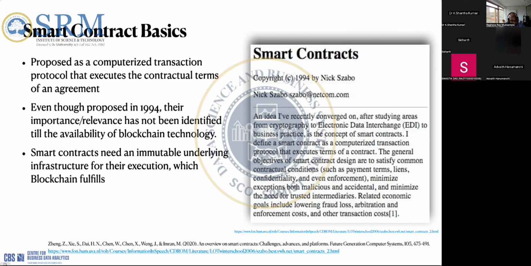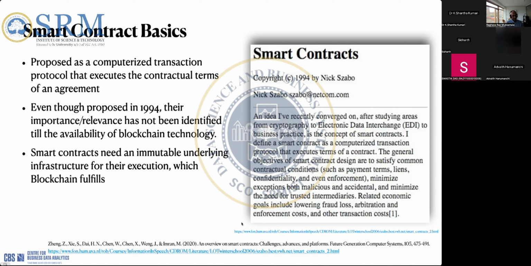Even though it was proposed in 1994, it hadn't received a lot of recognition, because the purpose is to automate the processes, especially the transactions, by specifying the clauses of the contract in a rule-based system. The reason for not getting a lot of traction is that it didn't have the underlying infrastructure on which it could be executed.